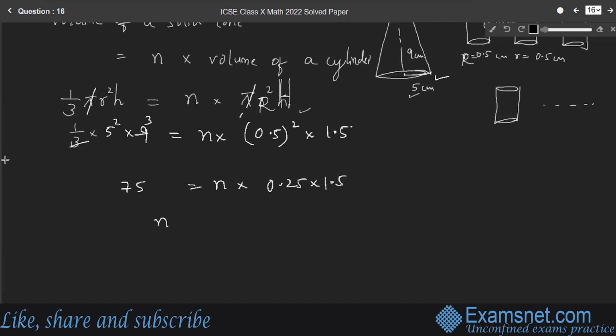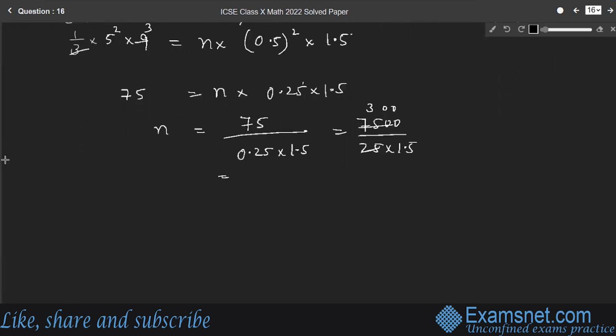Therefore, n is equal to 75 divided by 0.25 into 1.5. So we'll write 7,500 by 25 into 1.5, so 25 into 3, 3,000 by 15. So n is equal to 200. Hence, the number of cylinders so formed is 200.